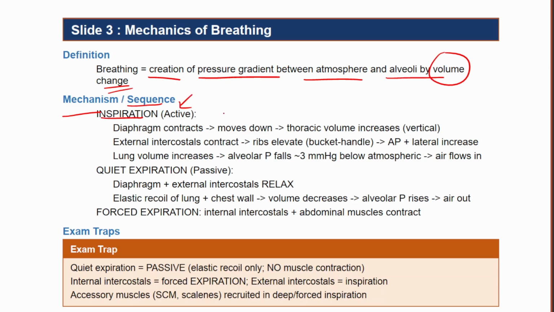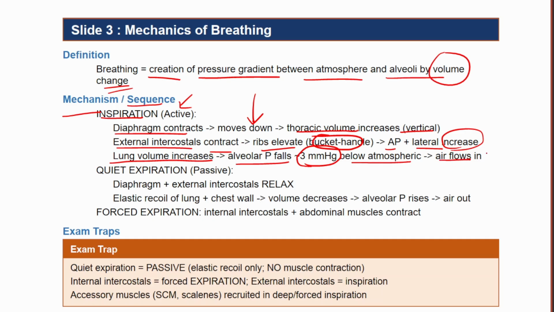The sequence is: the diaphragm contracts and moves down, increasing thoracic volume vertically. External intercostals contract, elevating the ribs via bucket handle movement to increase the anterior, posterior, and lateral dimensions. The resulting increase in lung volume causes alveolar pressure to fall approximately 3 mm of mercury below atmospheric pressure, causing air to flow in.